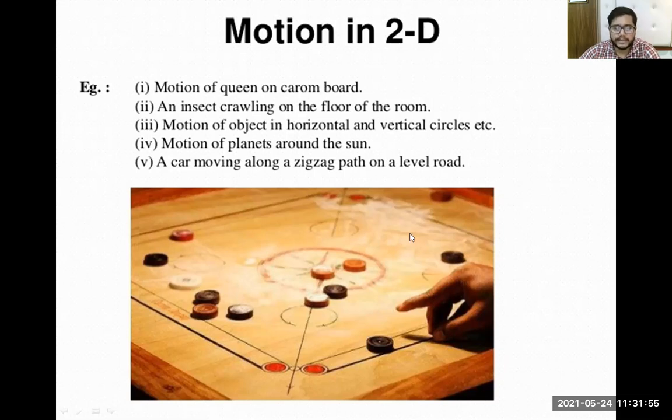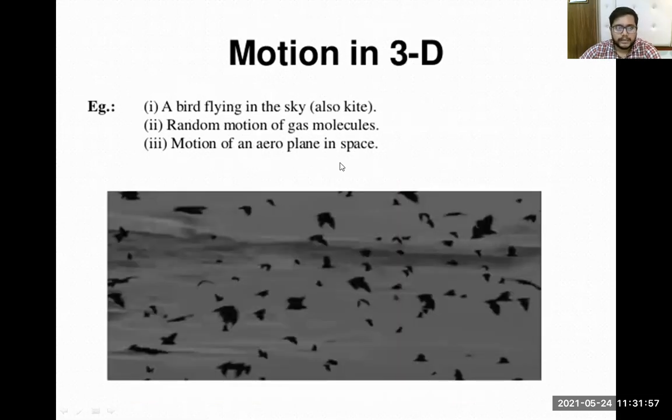What is 3D motion? You can see there are some kites flying, and birds flying in the sky, also like kites. Random motion of gas molecules and motion of an aeroplane in space are examples of three-dimensional motion.